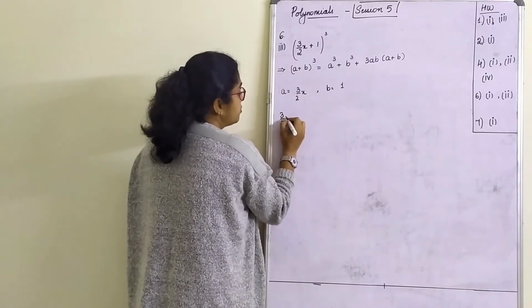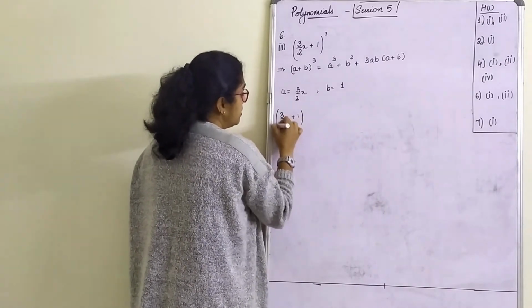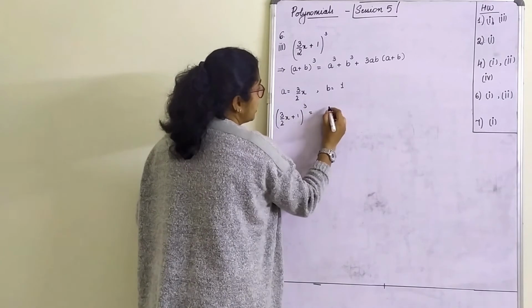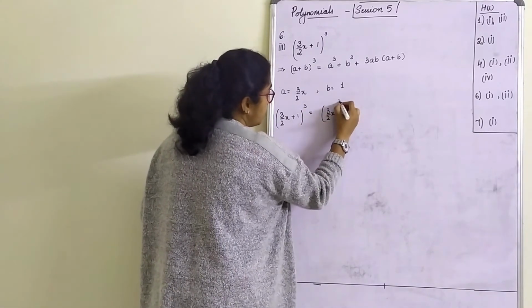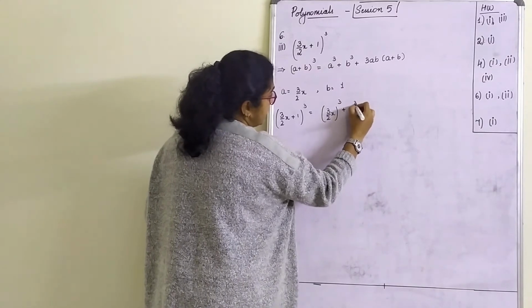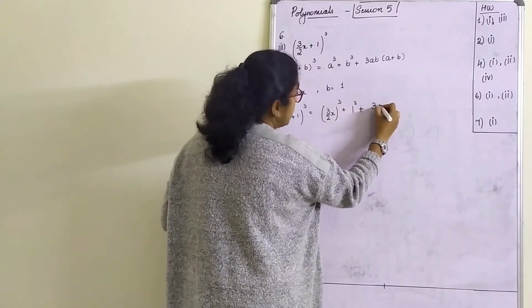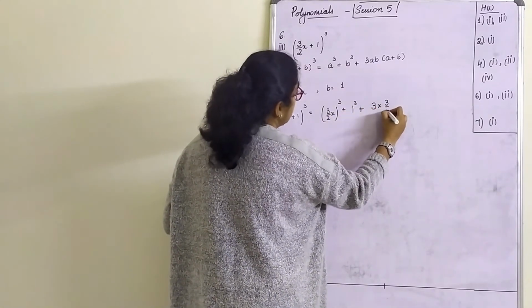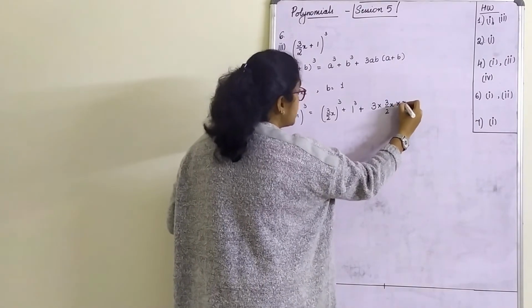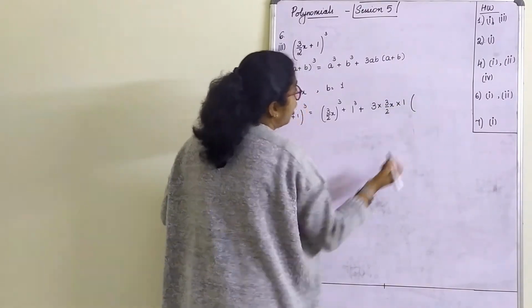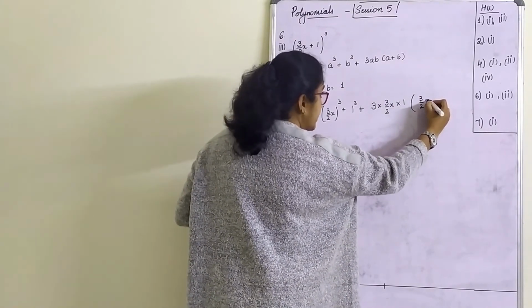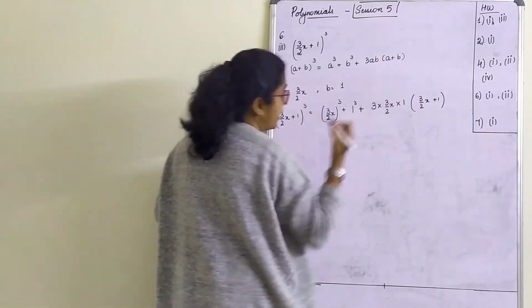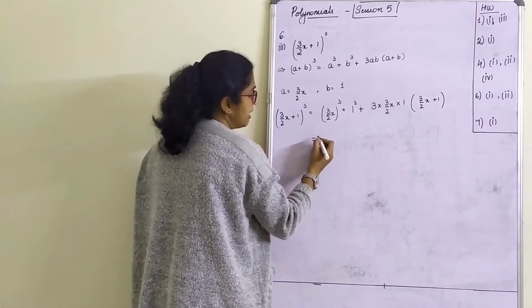So 3 by 2x plus 1 whole cube is equal to a cube, that is 3 by 2x whole cube, plus 1 cube plus 3ab. What is your a? 3 by 2x. What is your b? 1 of a plus b. What is your a again? 3 by 2x plus 1. Right? We substituted. Let's simplify.